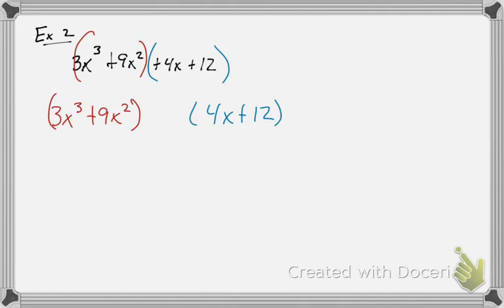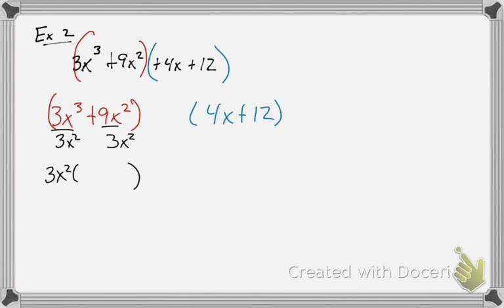Now, on the left side, we can start with the numbers. Between 3x cubed and 9x squared, I could divide both of them by 3. I need to look at my variables. I have x cubed and x squared. I can take away 2 x's from both terms.